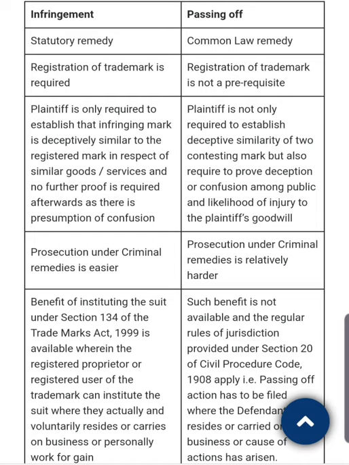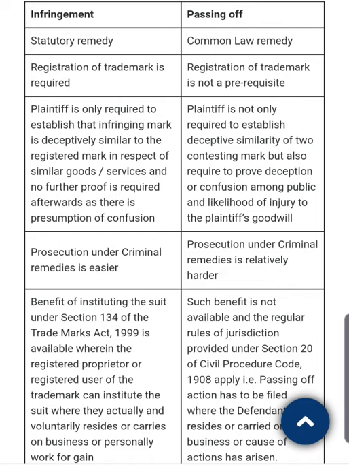Okay. Some cases of passing off I am going to discuss with you. The first case is Dhariwal Industries versus Messrs. MSS Food Products. In this case, the Supreme Court upheld the claim of the respondent to use the trademark Malik Chand for Pan Masala on the basis of prior user and restrained the appellant from using the trademark Manik Chand, though the Pan Masala Malik Chand was not registered and the Pan Masala Manik Chand was registered, but still the Supreme Court upheld in favor of Malik Chand because they were using this name for so many years.